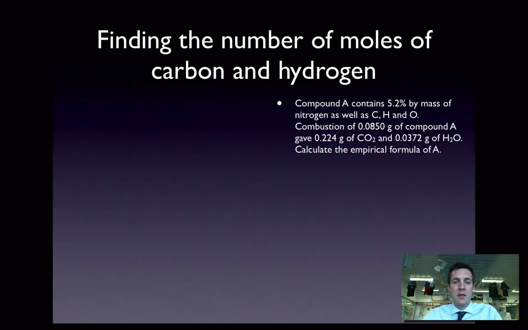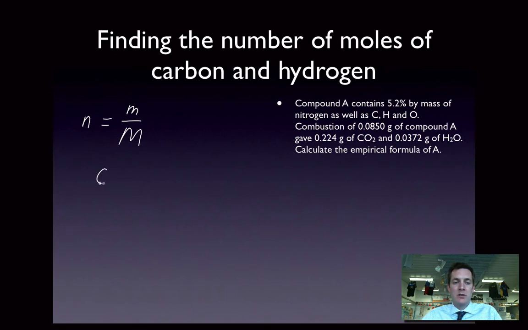Bearing in mind what our question looked like, it's on the right hand side so that we can keep it in mind. We're going to find the number of moles of carbon and hydrogen, and to do that we're going to use the number of moles of carbon dioxide and water, but we have to find those first. Let's remember that the number of moles is given by the mass over the molar mass of a substance.